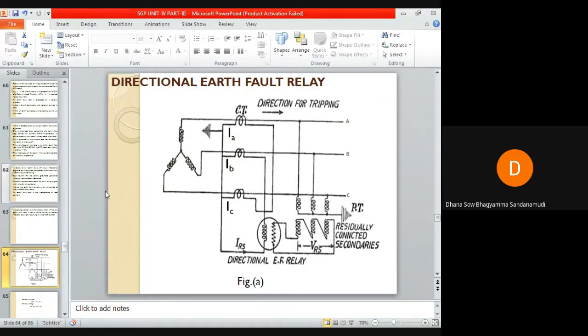So let us discuss this directional earth fault relay.